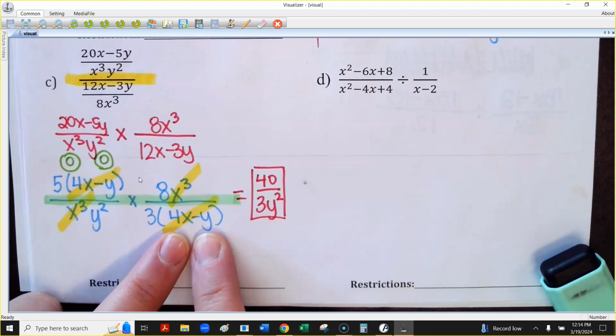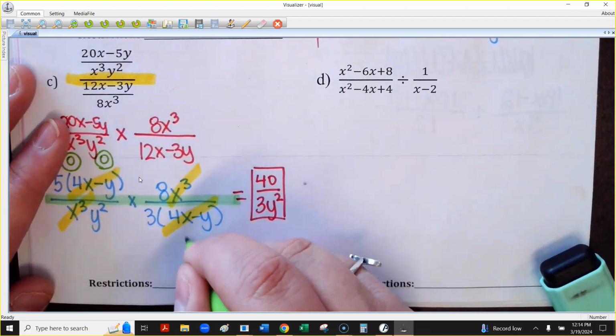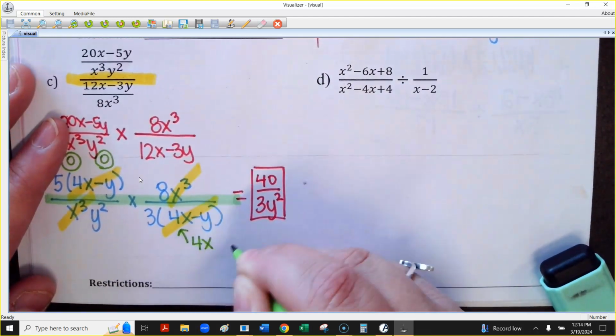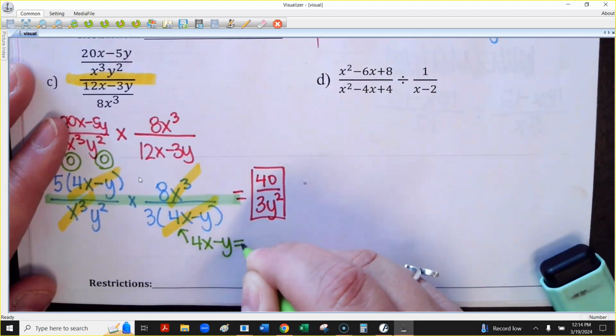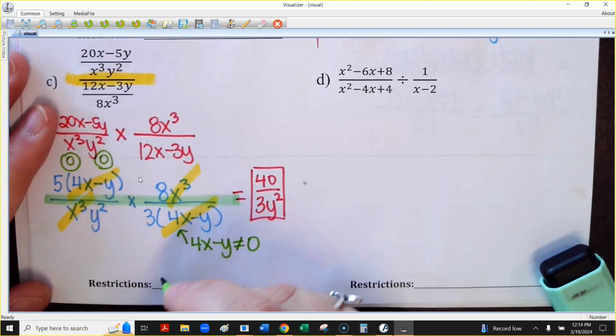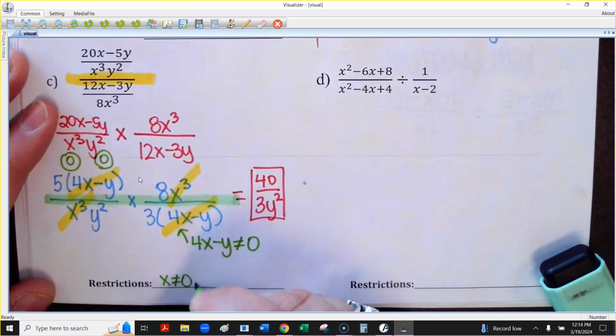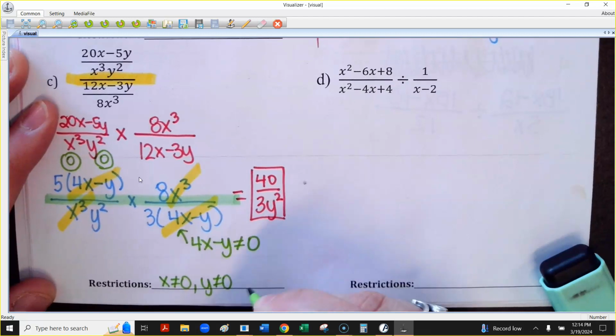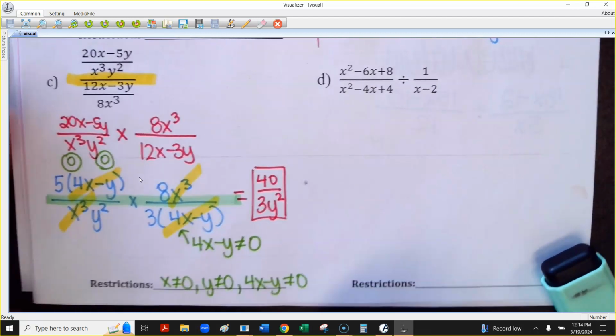What I would tell you to do, because it's got two variables, is just say that 4x minus y can't be equal to 0, because I don't know either variable. I can't solve that for a number. So just take that whole thing in parentheses and say it can't be equal to 0. So x can't be 0, y can't be 0, and 4x minus y can't be 0. That's my restrictions.